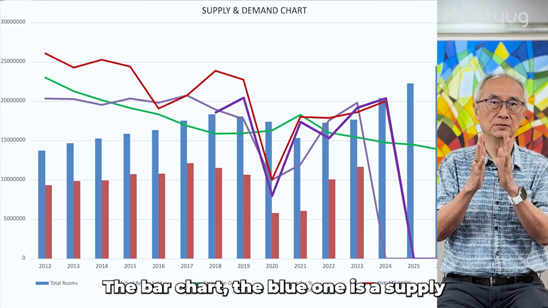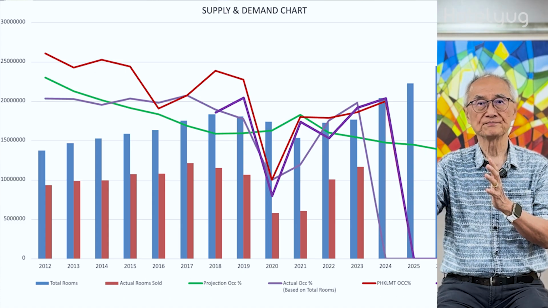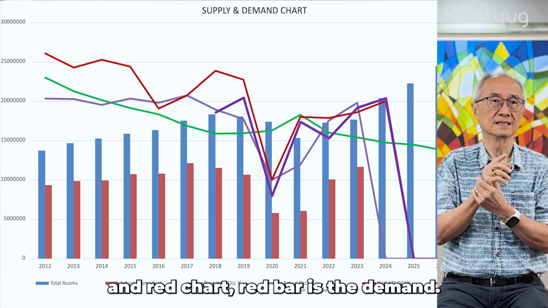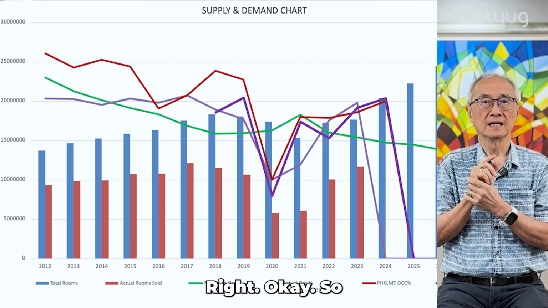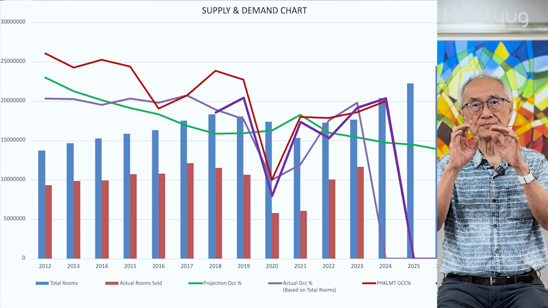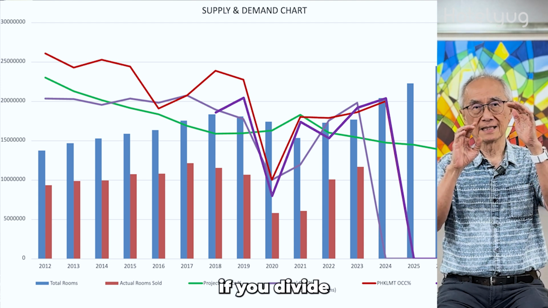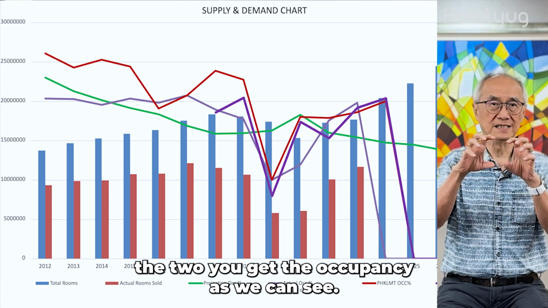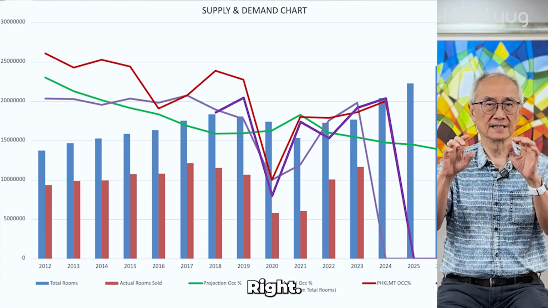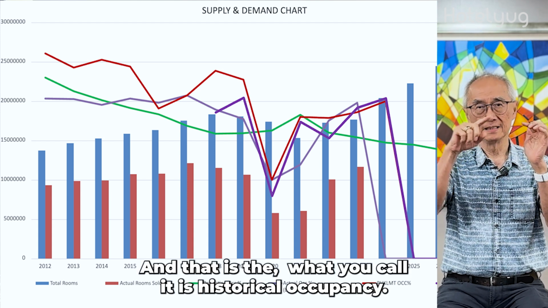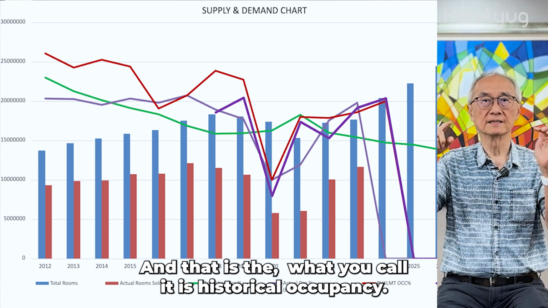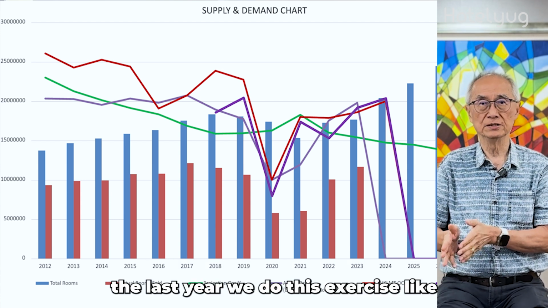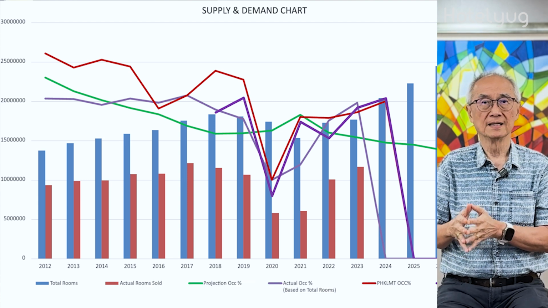The blue bar is the supply, and the red bar is the demand, right? Okay, so if you divide the two, you get the occupancy as we can see, right? And that is the historical occupancy up to the last year we do this exercise. Right?